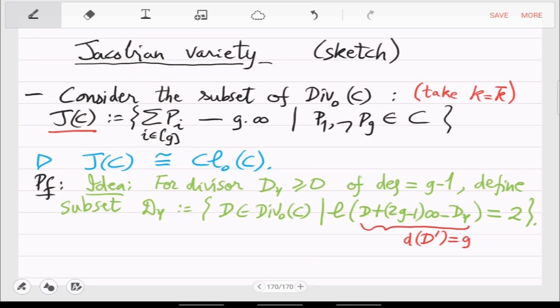And what is this statement saying? Equal to 2 means that there are always the constant functions, but there is a more interesting non-constant function in this L space. So you can add it to this d prime and you'll get a positive representation. That is what we want to actually use.